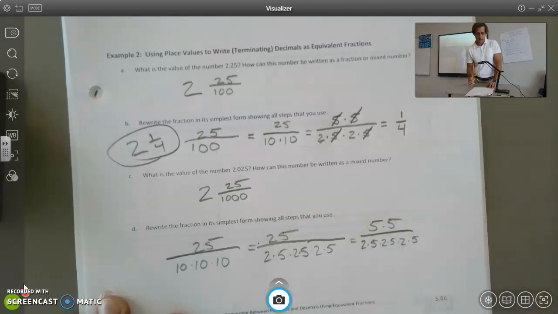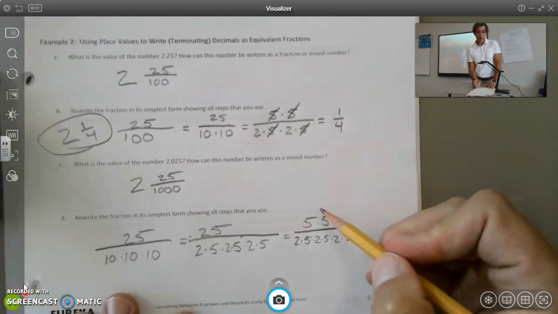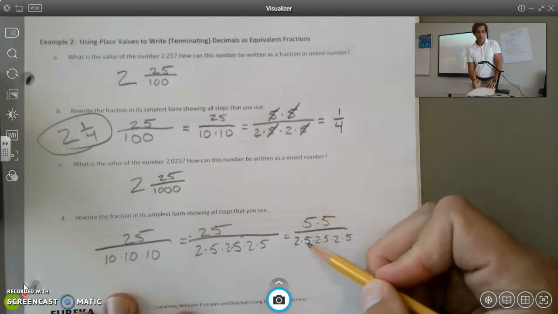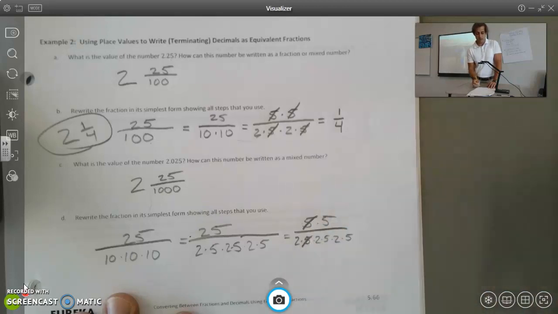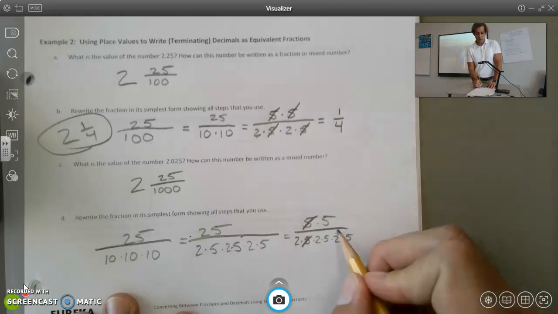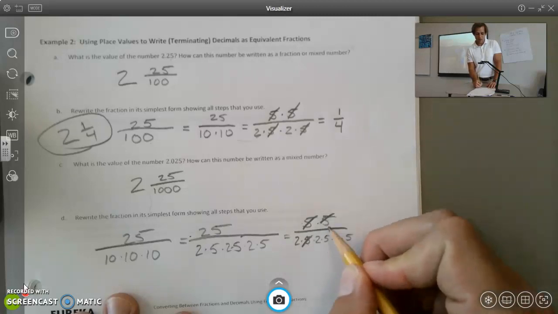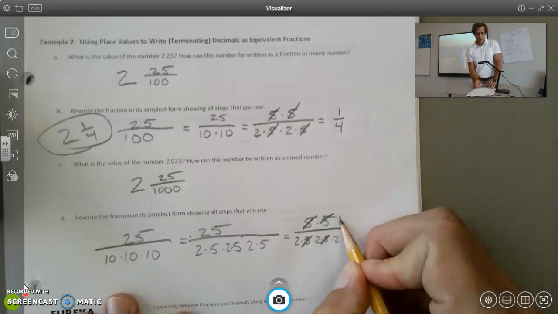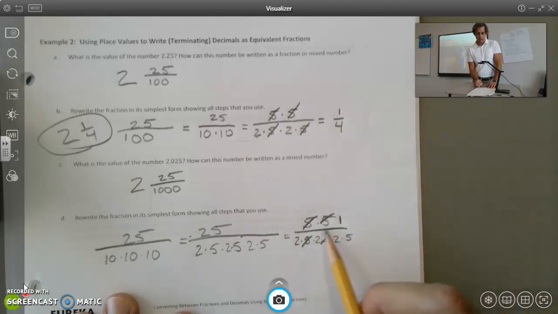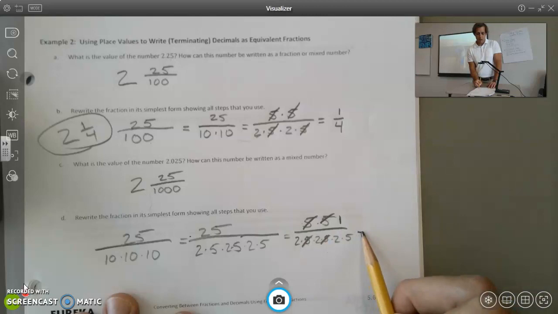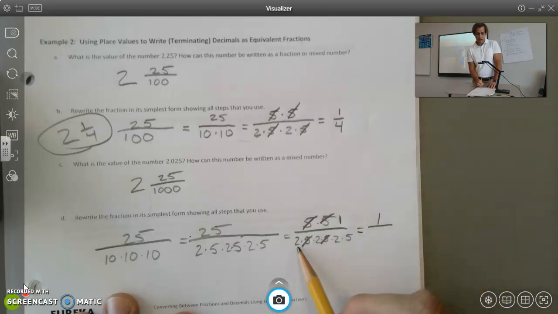All right, so now let's simplify this out. If I have a 5 in the numerator and a 5 in the denominator, 5 over 5 is 1, so those cancel. And 5 over 5 here, those would cancel, and that would just become 1 in the numerator. I would have 1 over 2 times 2 times 2 times 5.